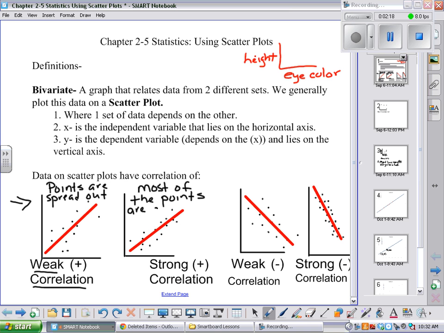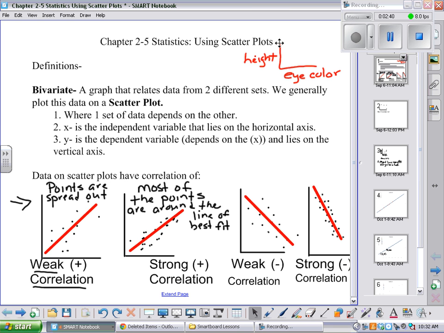A stronger correlation is where most of the points are around the line of best fit. You can see most of these are pretty close to the line of best fit. Not all of them, but most of them.